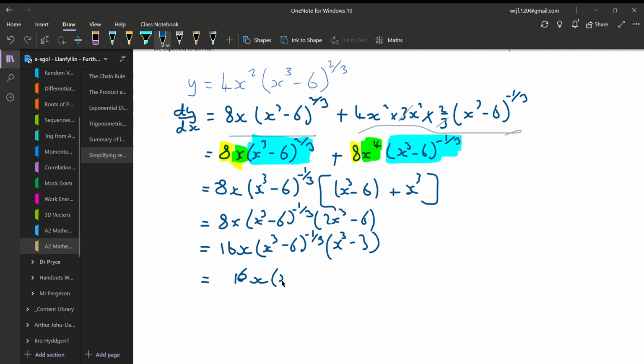So I'll leave my 16 and my x cubed minus 3, I'll leave all of that part on the top of a fraction, and then my x cubed minus 6 bit can go from the top with a power of minus a third, dropping down onto the bottom and making the power positive instead. So x cubed minus 6 to the power of a third, and not brilliantly written, sorry about the slightly untidy final answer there, but there's my final answer.